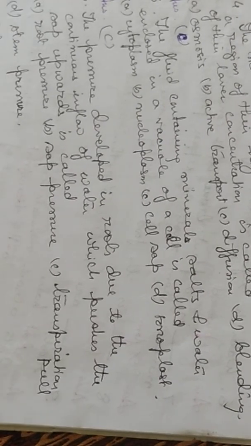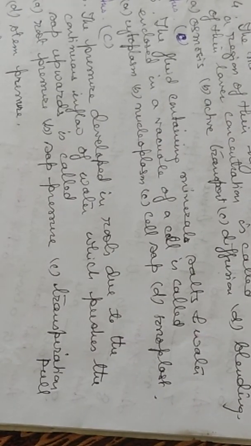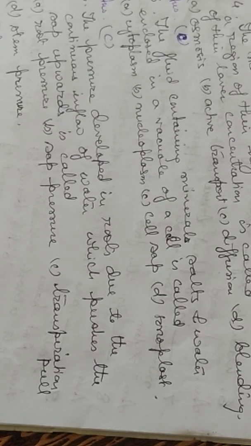The pressure developed in roots due to the continuous inflow of water which pushes the sap upwards is called root pressure, sap pressure, transpiration pull or stem pressure. It is root pressure. The loss of water vapor through the stomata of the leaves is called wilting, translocation, transpiration or transportation.